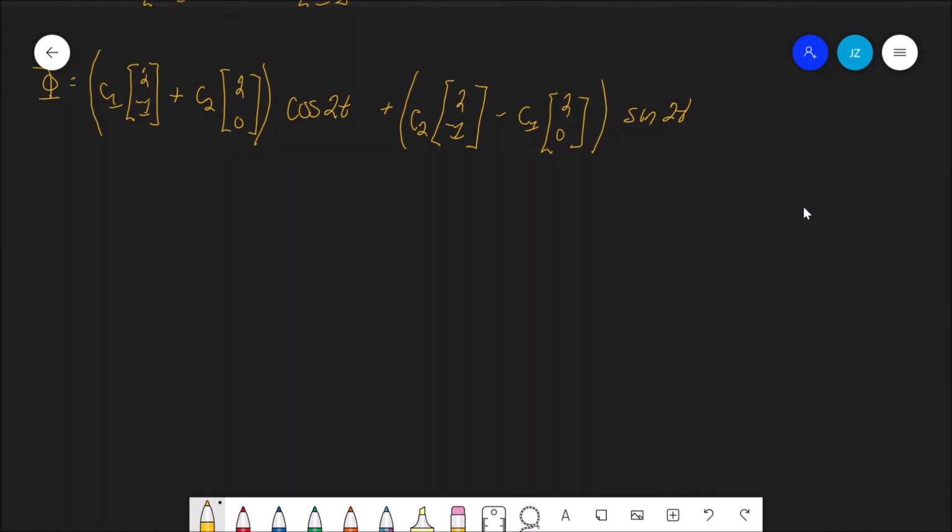We now use the initial condition that x of 0 is equal to (2, negative 1). Everywhere we see a t, we're just going to replace it with 0.